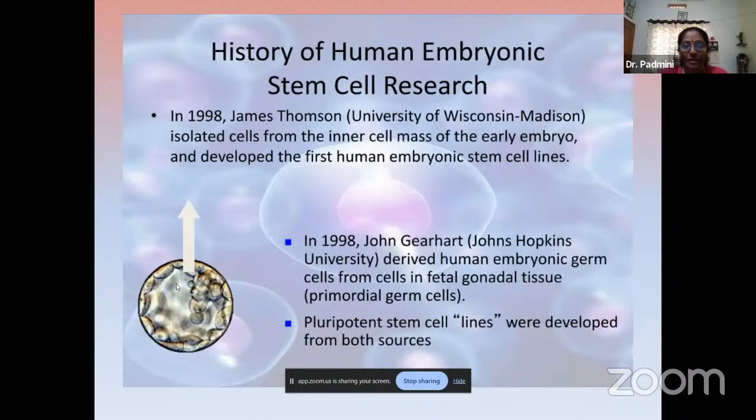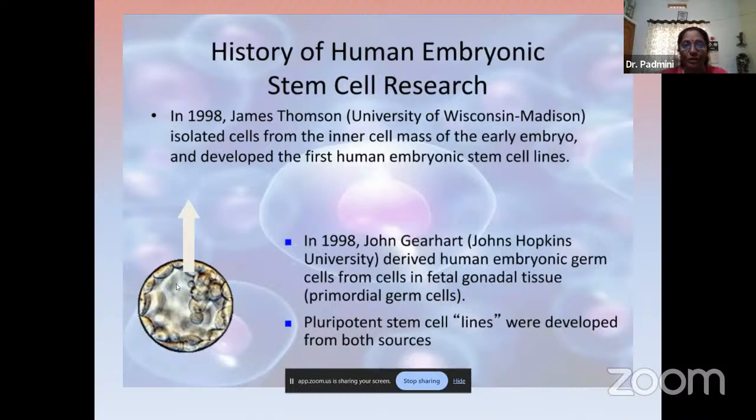Also in the same year, John Gearhart derived human embryonic germ cells from cells in the fetal gonadal tissue. Understand the words fetal gonadal tissue. That is, from the fetus, the gonad, the reproductive tissue, was isolated by John Gearhart in 1998.